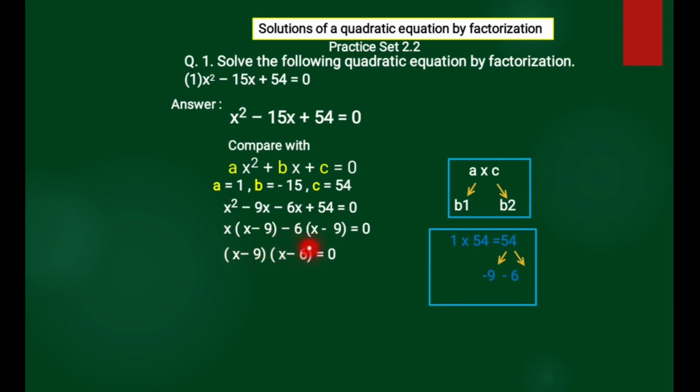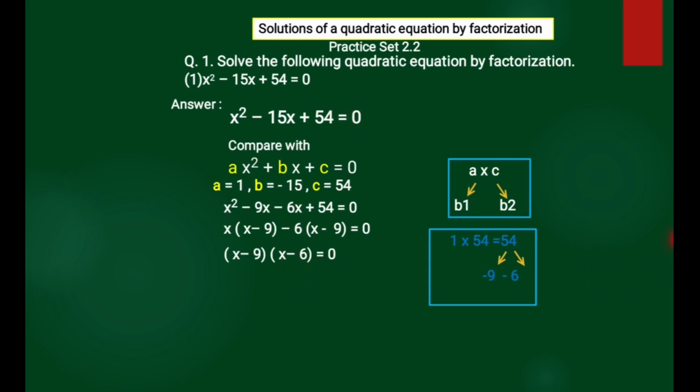So we take x minus 9 common from both terms of the LHS. The remaining terms in the bracket are x minus 6. So the second factor is x minus 6 and the first factor is x minus 9. We know that if the product of two terms equals 0, then any one of them is 0 or both are 0.